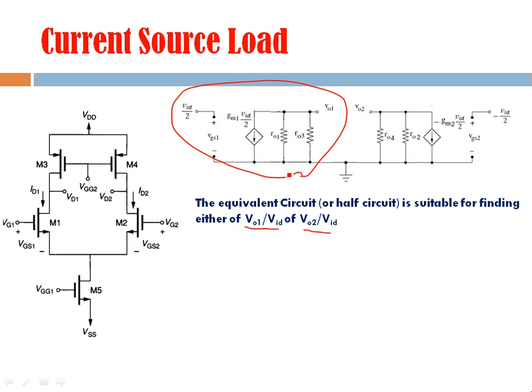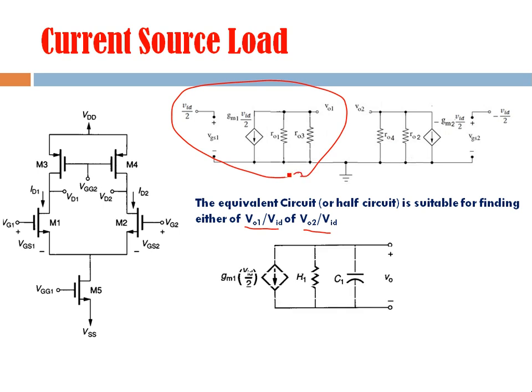Now here the high frequency equivalent circuit of this part will be given like this. So we have avoided the use of this side because that part we are not going to use in our solution. We have to solve it at the output node, and at the output node only these components are connected. It's something like this.